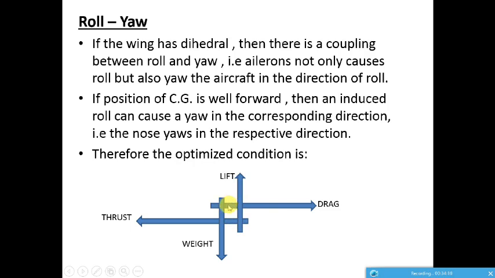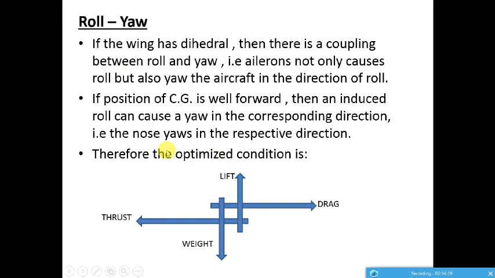This is the thrust line due to the engine, and the drag line means the parasitic drag or induced drag from the wing. It is usually placed slightly above the thrust line, indicating that we have a high wing configuration or a shoulder wing configuration.